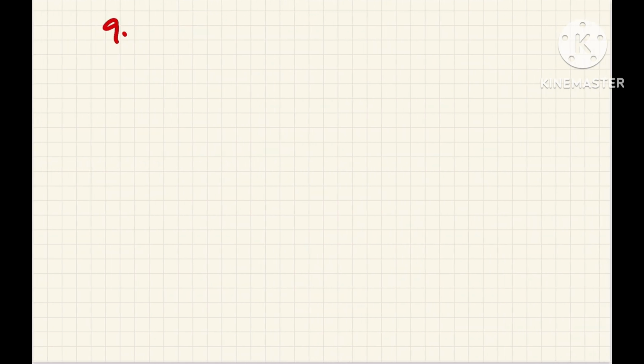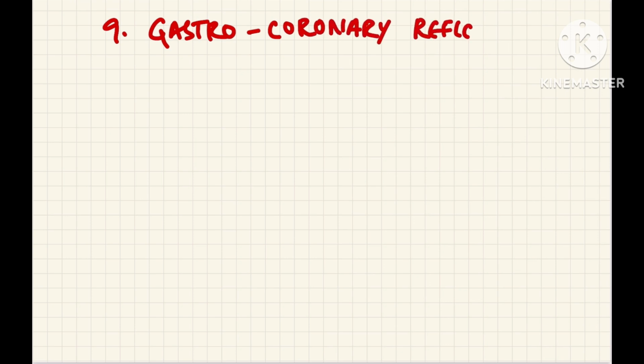The ninth reflex is the gastrocoronary reflex. As the name mentions, it is related to the GIT. When there is distension of the stomach because of a heavy meal, reflex coronary vasoconstriction is seen.